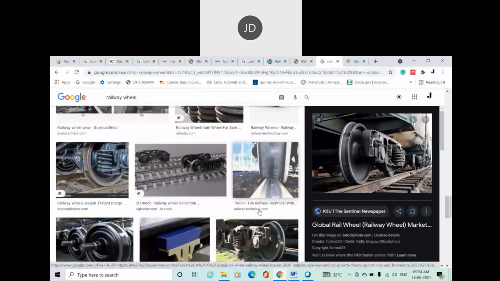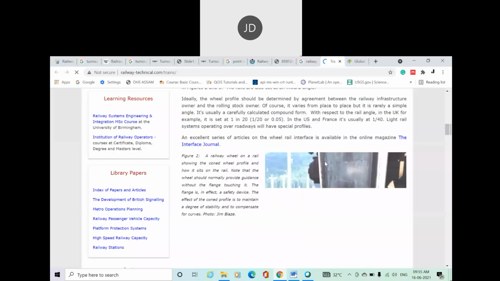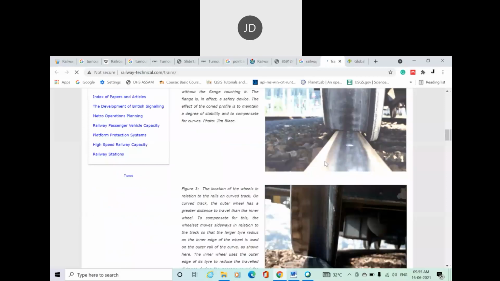Yeah, here it is very clear now. Now see, I'll show you. I think in this particular diagram it will be clear. It's a very good one. Can you see this diagram?